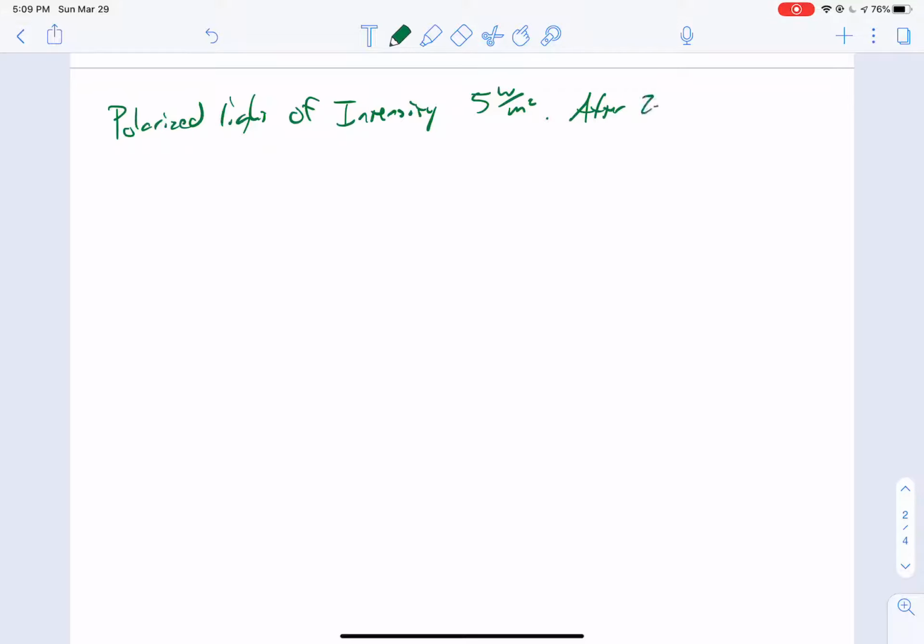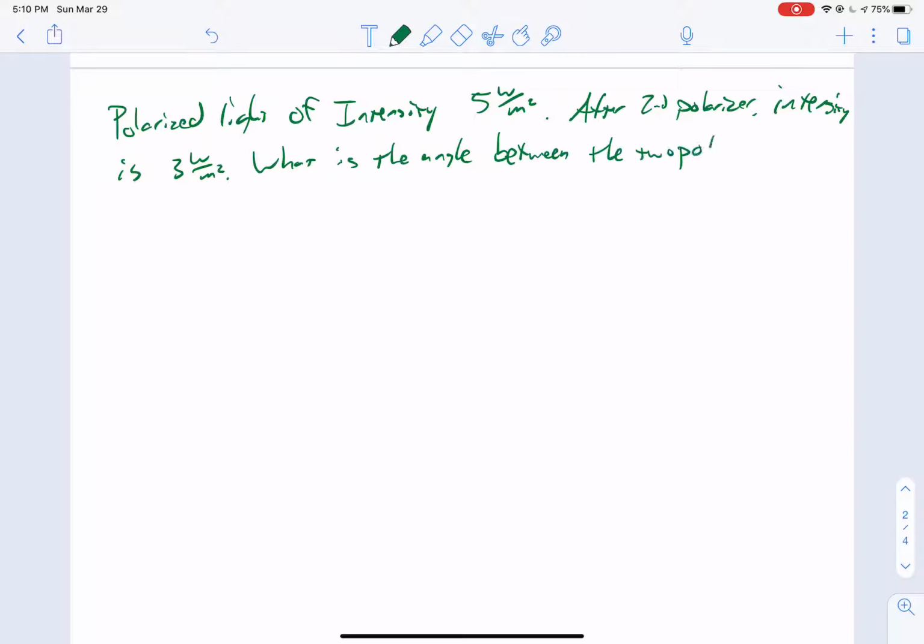After the second polarizer, intensity is 3 watts per meter squared. What is the angle between the two polarizers? Sorry for my horrible handwriting today.